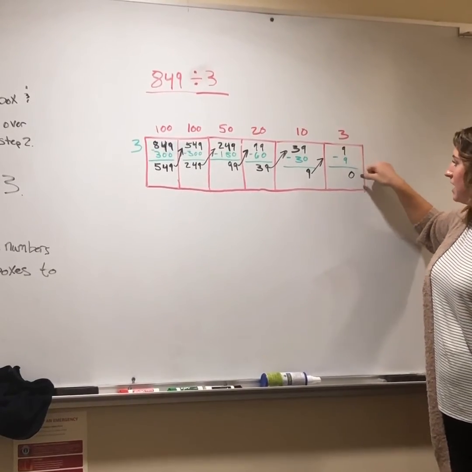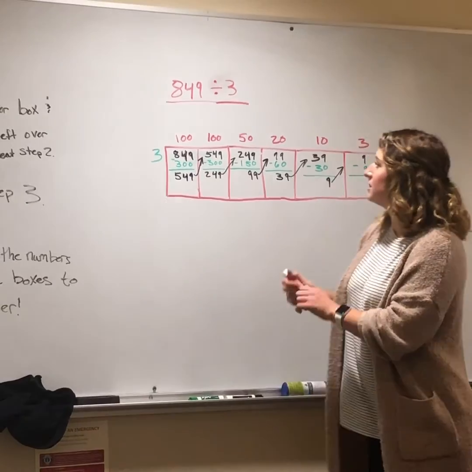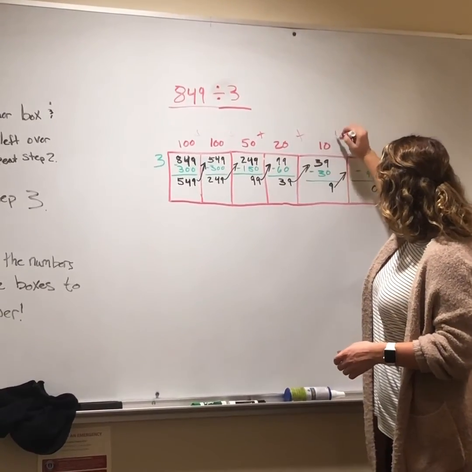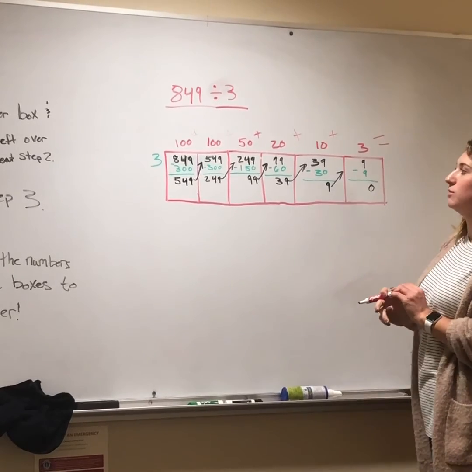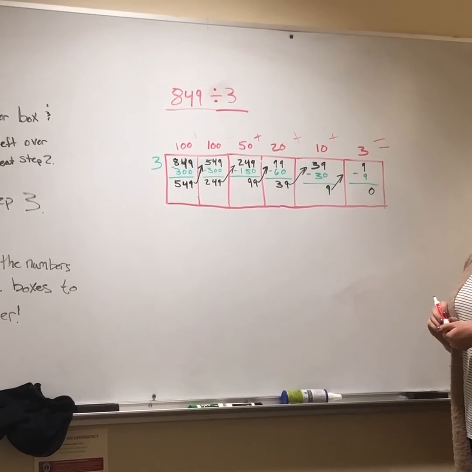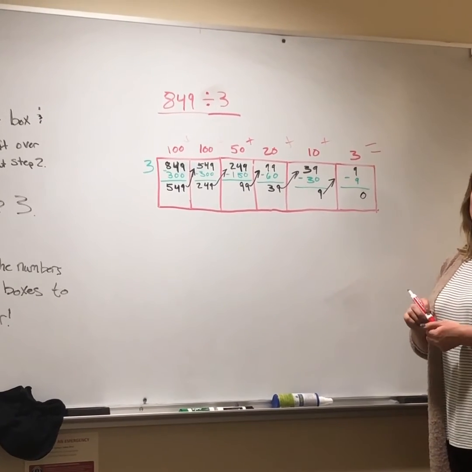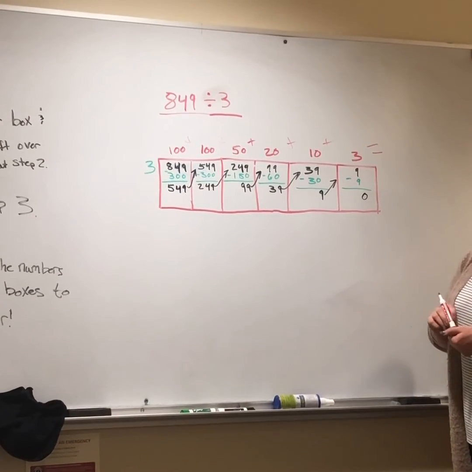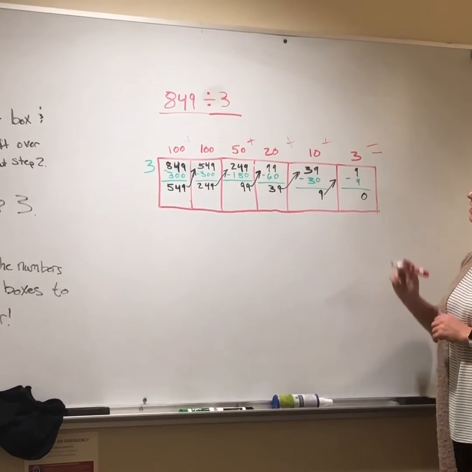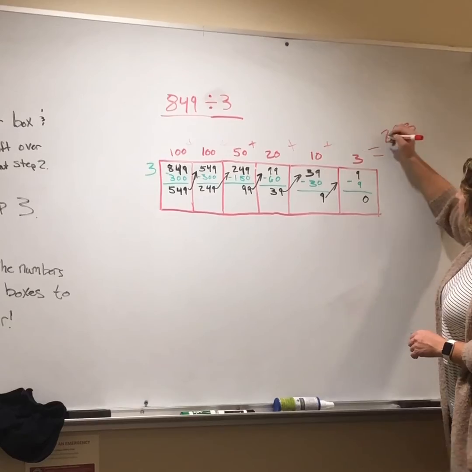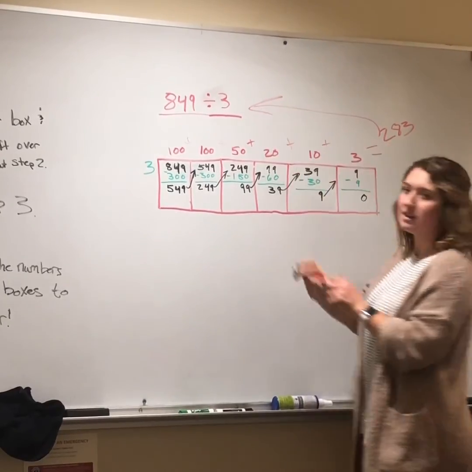Then 9 minus 9 is 0. And then for the last step, we're just going to add all of these up to get 100 plus 100, which is 200, plus 50, which is 250, plus 20, which is 270, plus 10, which is 280, plus 3, which is 283. That's the answer to that problem.